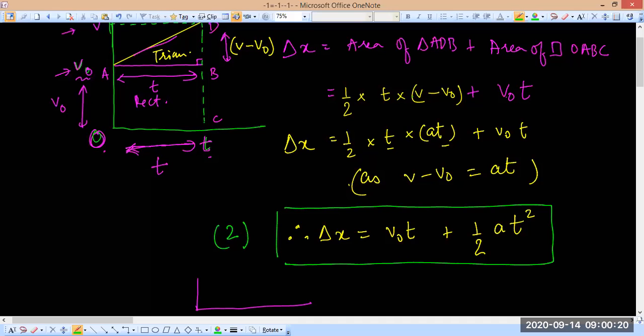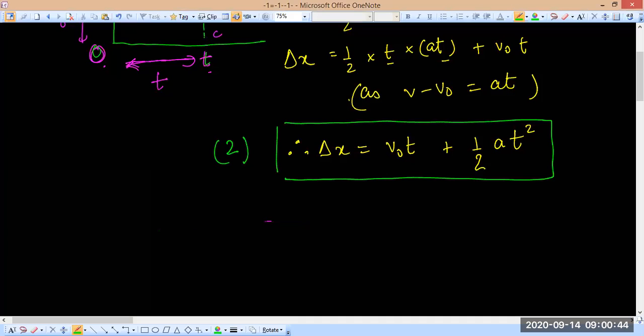People, I would like that all of you write it as delta x equal to only. No other symbol, please. Delta x is delta x. Delta x cannot be anything else. I know in 9th standard you might have learned something like d is equal to v0t plus half a t square, or maybe s equal to v0t plus half a t square.